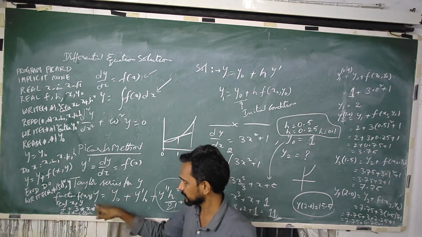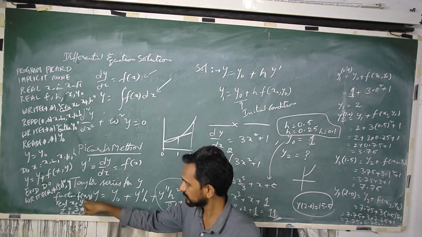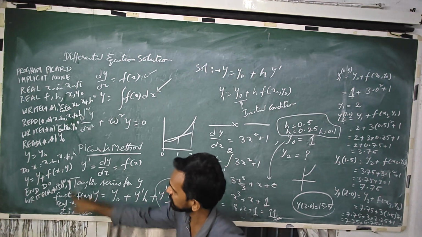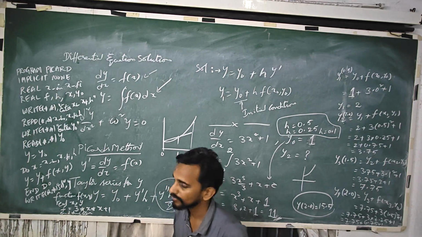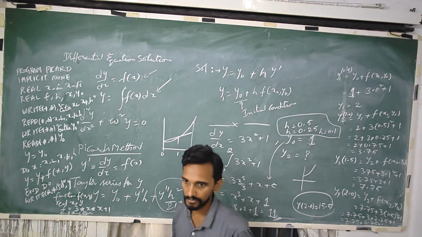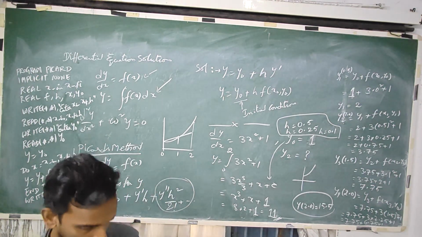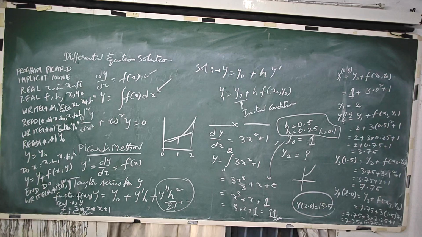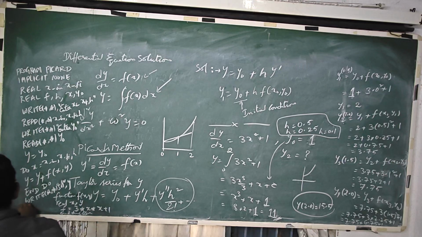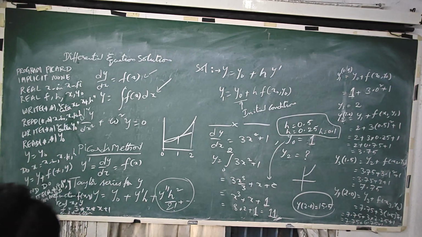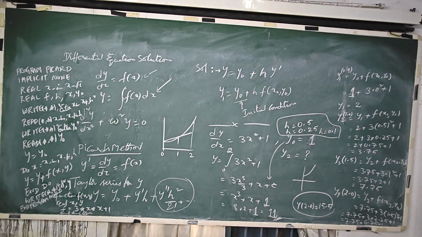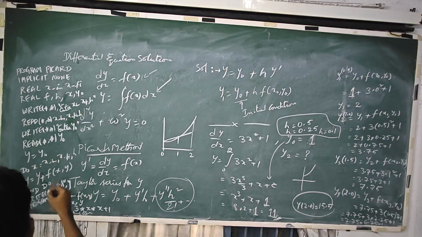So f is equal to simply 3x square plus 1, but I am sending both the values of x and y as inputs to this function. Here we have to start from x initial plus h.